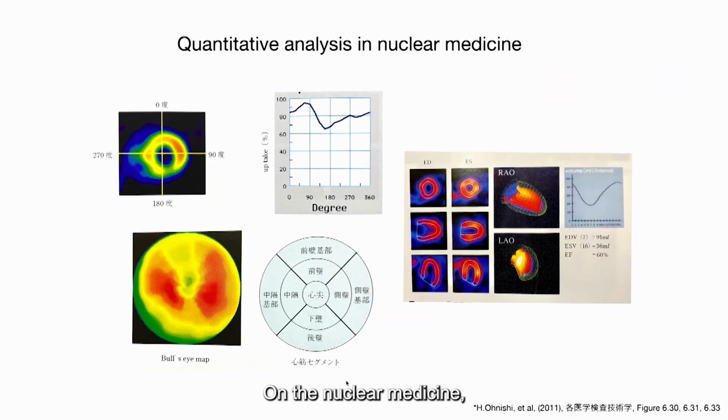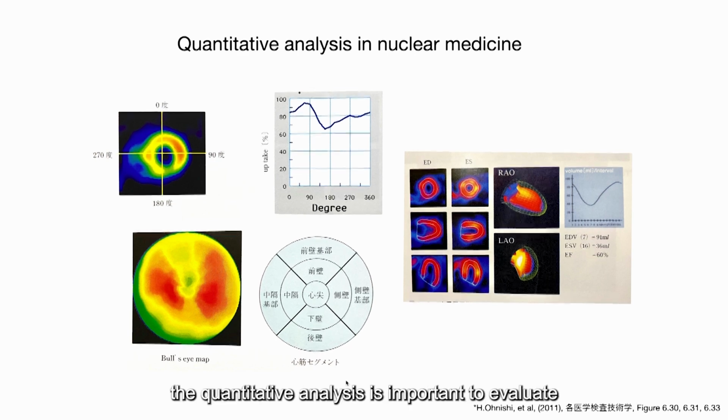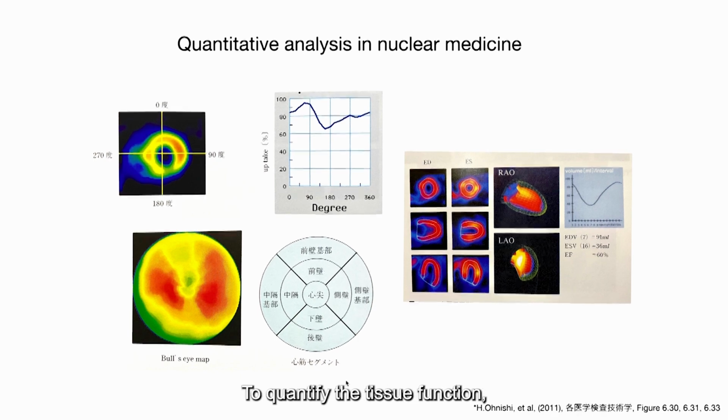And in nuclear medicine, quantitative analysis is important to evaluate the tissue function objectively. To quantify the tissue function, we calculate the amount of the tracer in the area being examined. The pixel value of the image is used in the calculation.